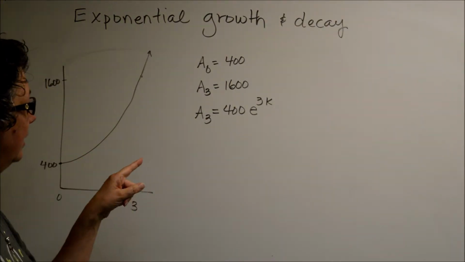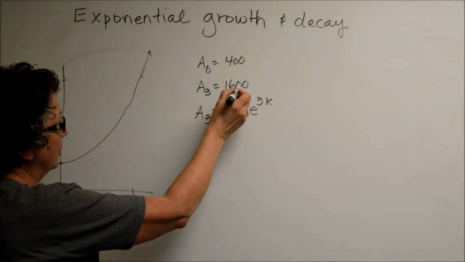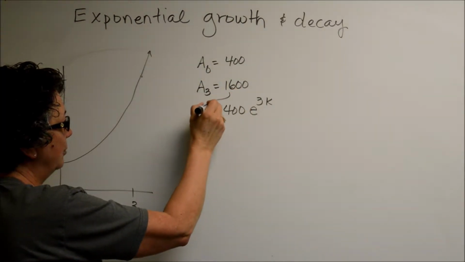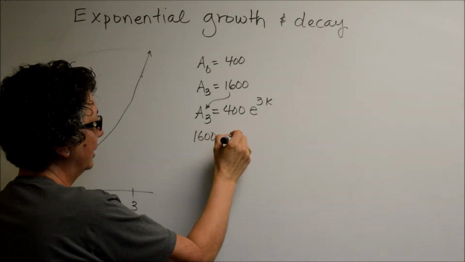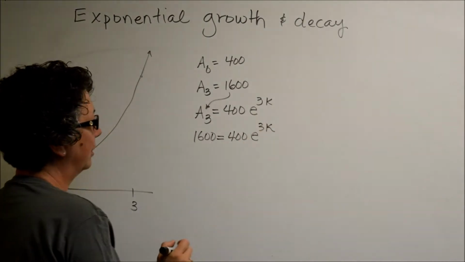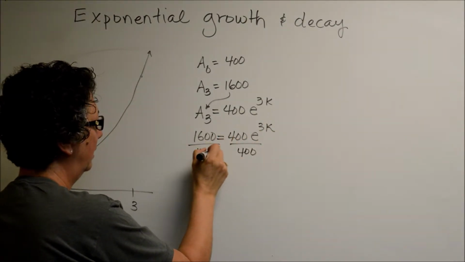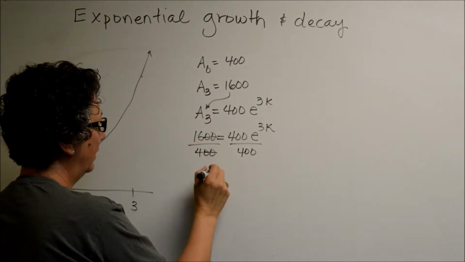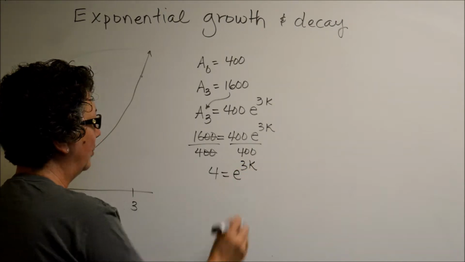So we need to calculate that. Notice here though that a sub 3 is also 1600, so we can substitute that. So 1600 is 400 e to the 3k power. Get rid of our 400 by dividing because we're multiplying. So 4 is equal to e to the 3k power.